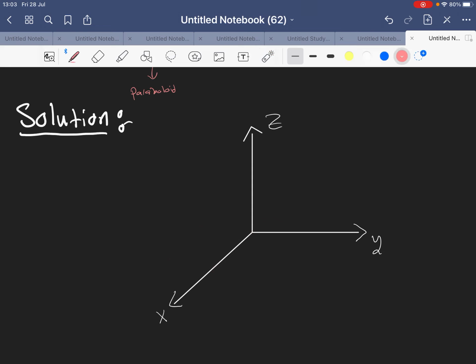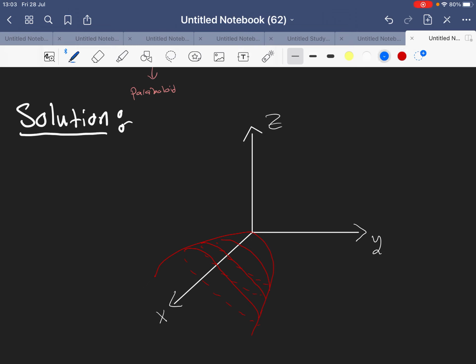If we graph this one, the one in red here, it will look like this, and then it would go like this. This is the paraboloid here.